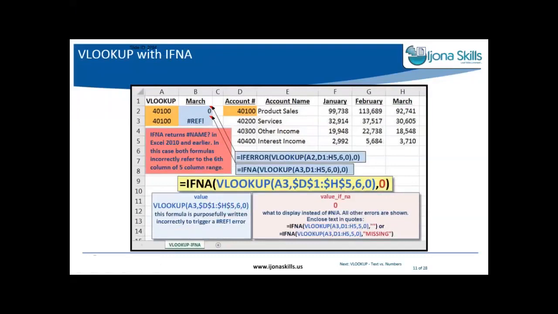It shows any other kind of errors that surface inside VLOOKUP. So it has the same 2 arguments. There's a value argument, and then there's a value_if_na. And so if you are using Excel 2013 or later and not sharing spreadsheets backwards with anyone using Excel 2010 or earlier, then IFNA is the better function to utilize there.